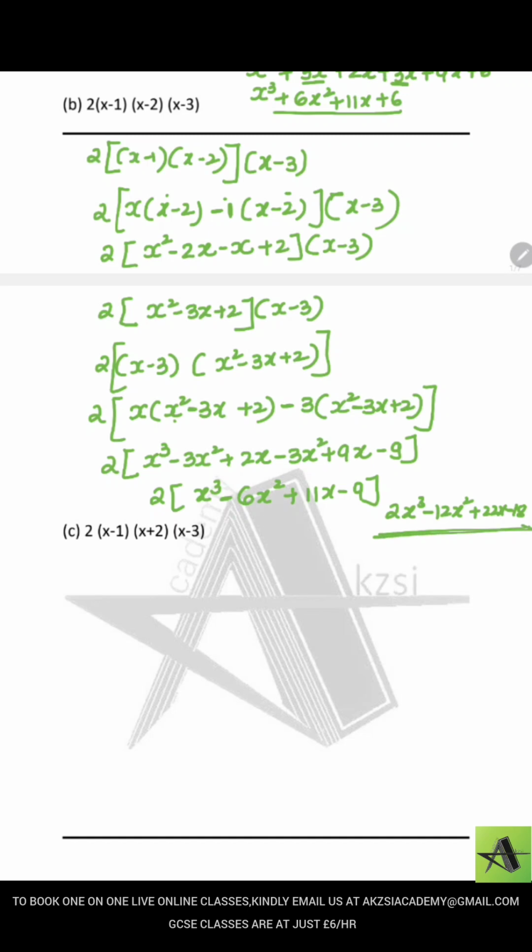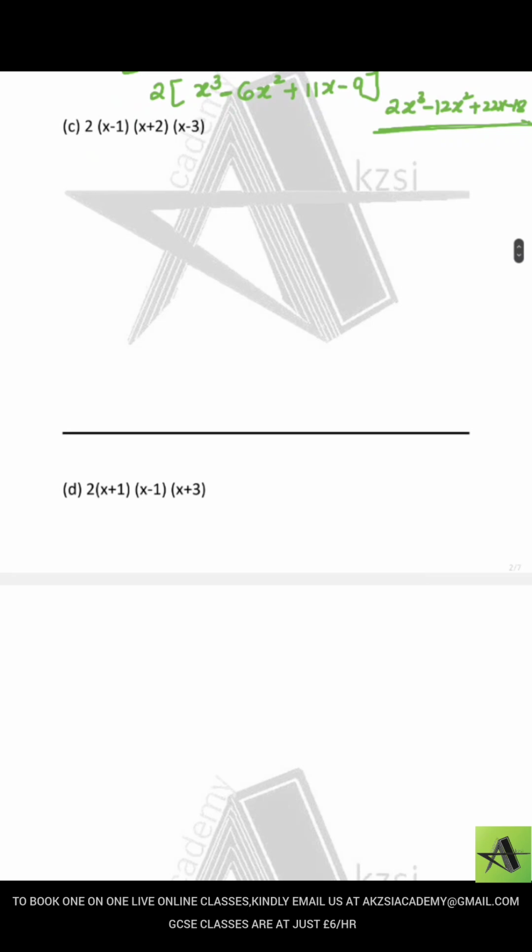Moving on to the next one, which is the same. We are just putting 2 outside, and x minus 1 times x plus 2 will be inside this big bracket, and x minus 3 would be here.